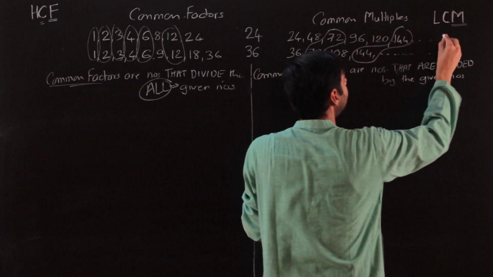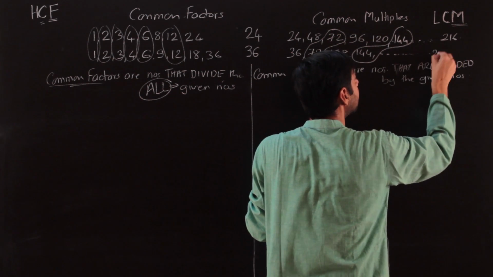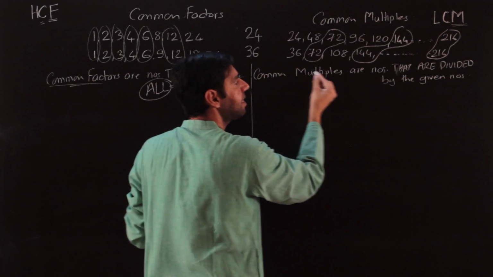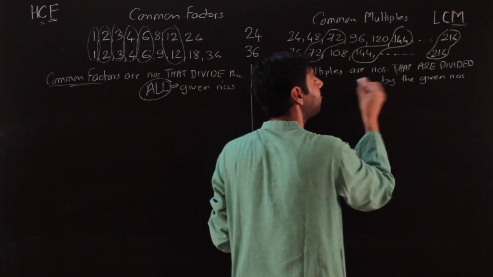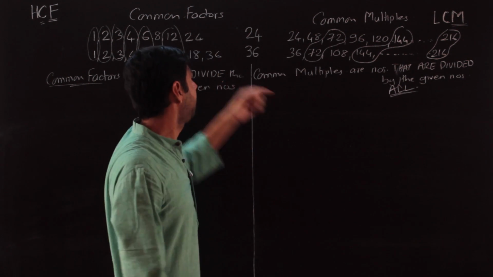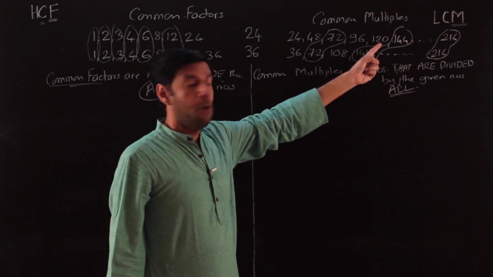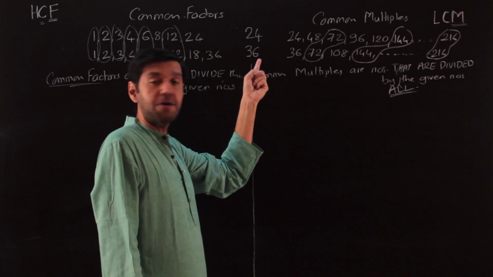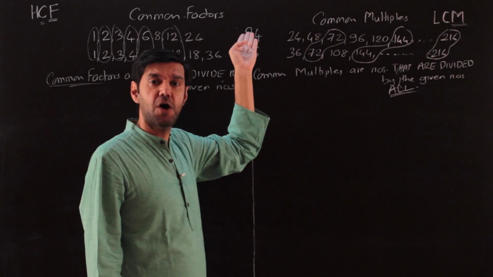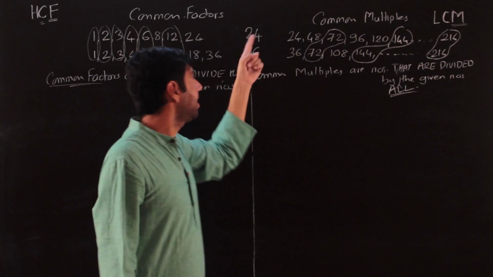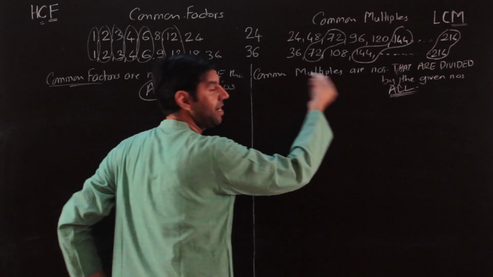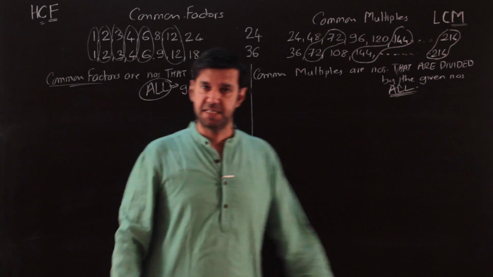If you continue, 72 into 3, 216 will be in both lists. So that is also common. So what are common multiples? Common multiples are numbers that are divided by all the given numbers. The importance of all: if I take 120, 120 is divided by 24 but not by 36. I can do the same thing for 108, which is divided by one of them but not the other. But 144 is divided by both of them. 72 is divided by both of them, by all the given numbers. That should be your basic understanding.